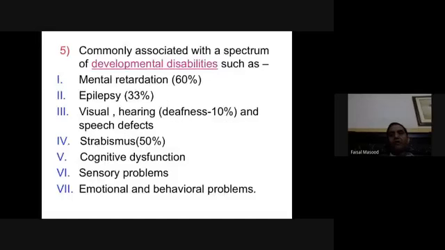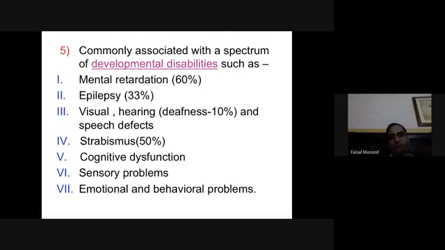It is commonly associated with the spectrum of developmental disabilities such as mental retardation, epilepsy, visual and hearing problems, strabismus, cognitive dysfunction, sensory problems, emotional and behavioral problems. Any part of the brain or the brain as a whole can be affected.